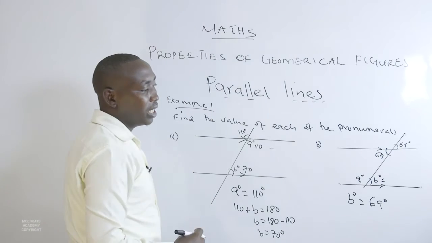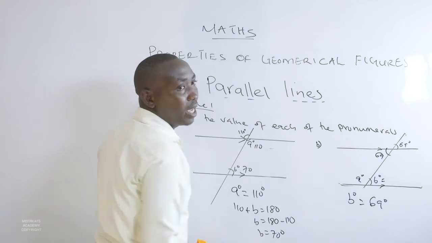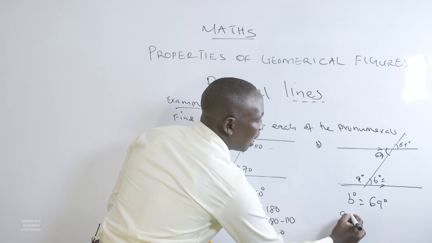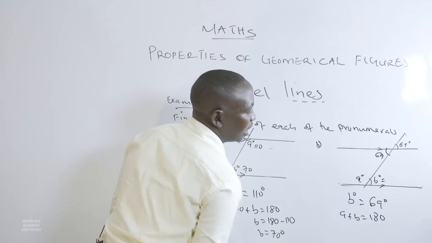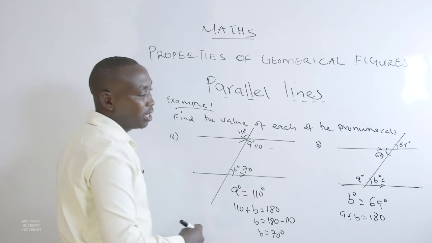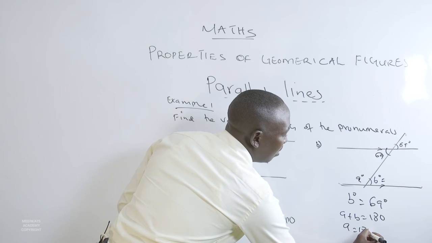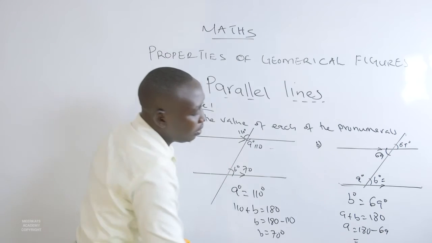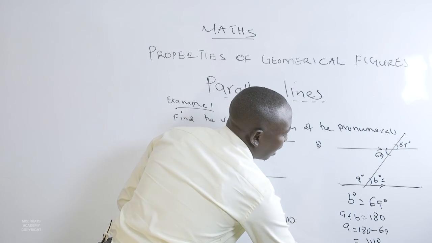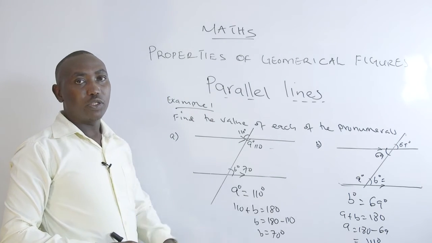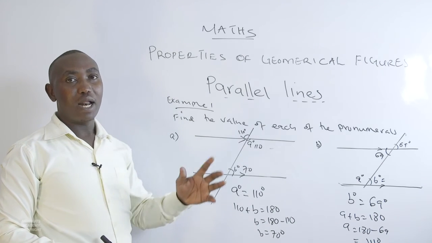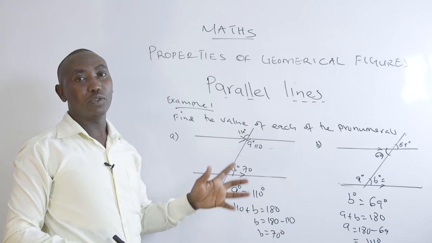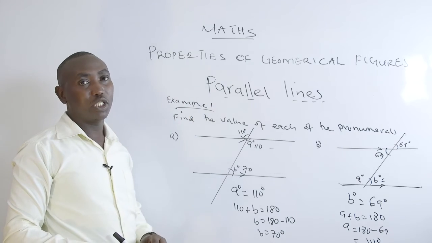Then to get A, these ones are forming a straight angle, and if you take A plus B, you will get 180 degrees. We already have B as 69, so A will be 180 minus 69, which gives us 111 degrees. So that is how we can use parallel lines and the transversal to solve problems arising from such cases.